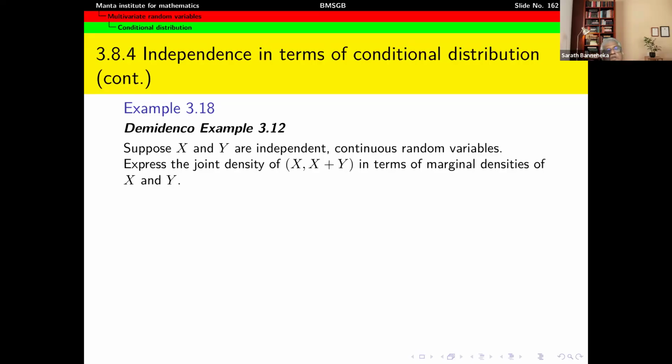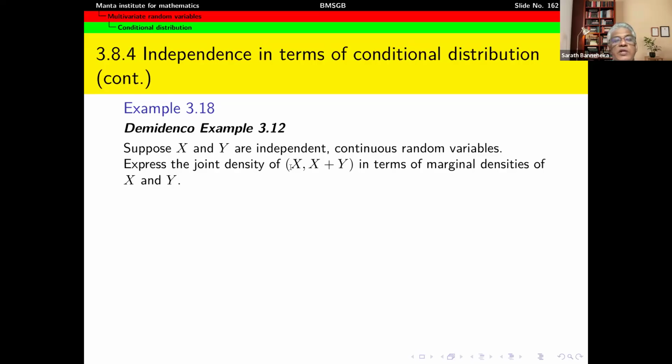Suppose X and Y are independent continuous random variables, and suppose we are interested in the joint density function of X and X plus Y. Of course, you should be able to see that even though X and Y are independent, X and X plus Y are not independent because the second term also contains X, right? So statistically also they will not be independent in general.